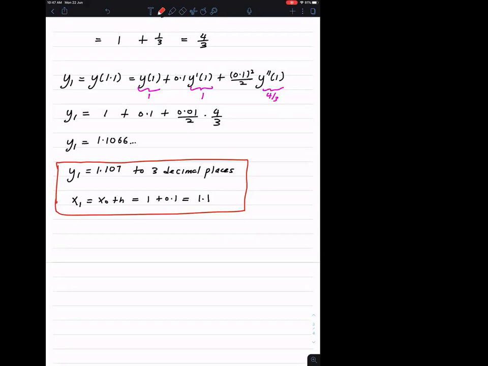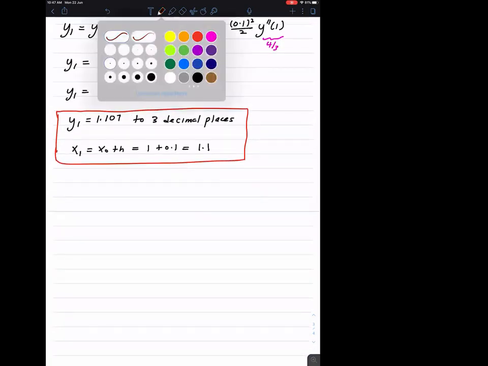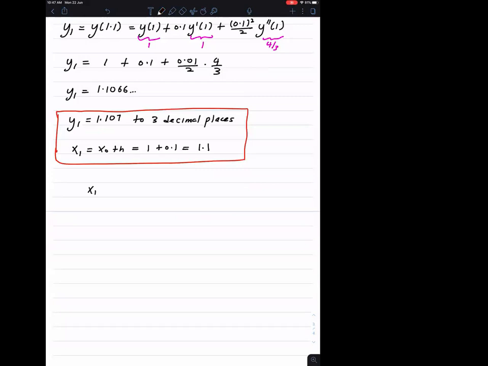Any question? No, sir. So in short, when x1 is 1.1, y1 is 1.1066. For now, I just put 1.1066 because I need this value.